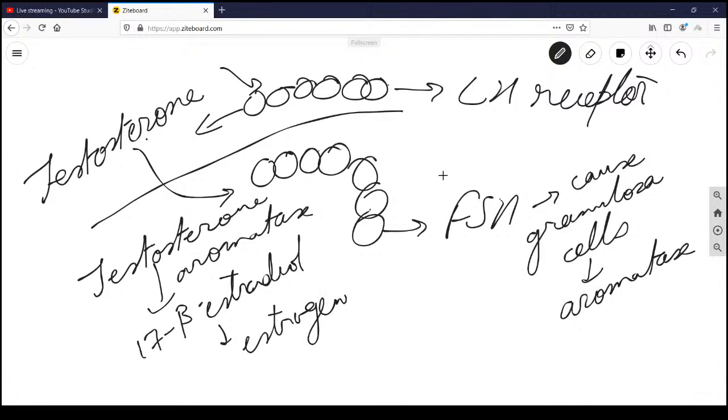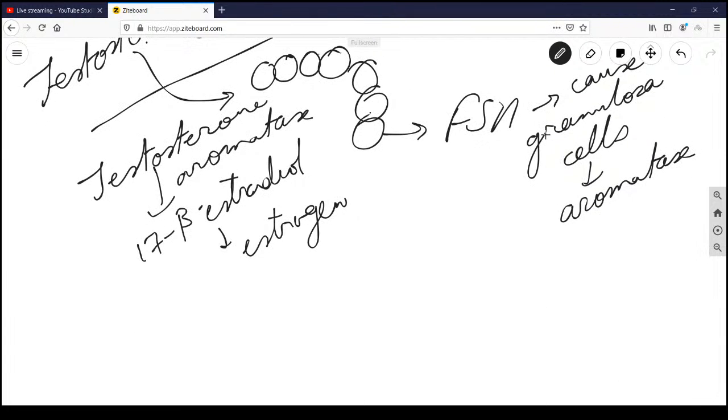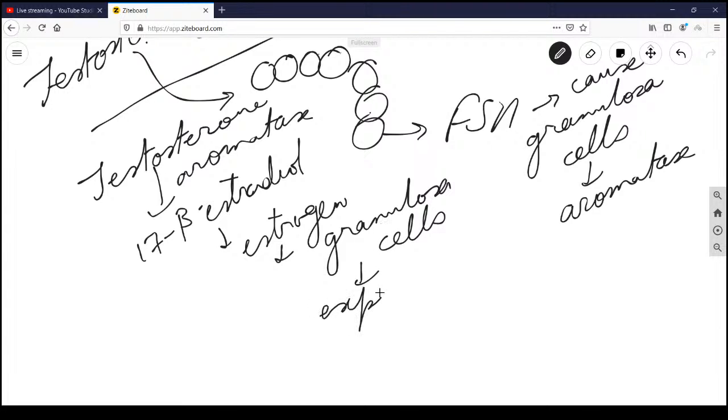Now this estrogen will act on the same granulosa cells and cause them to express LH receptor now. Until now, they were not expressing LH receptor, but due to the effect of estrogen, they will.